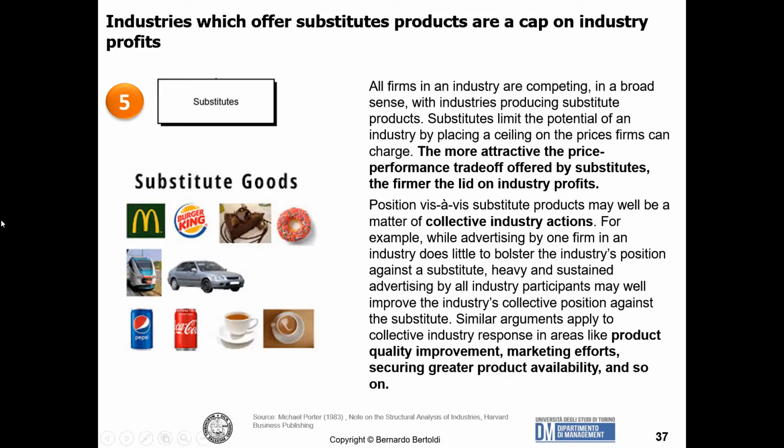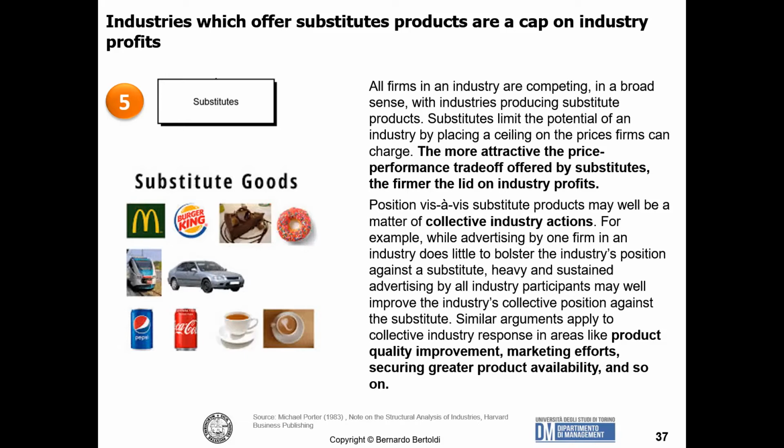So if you look at McDonald's and Burger King, they are in the fast food industry, and they compete one against the other. But on the other side, they also compete against other industries. Eating at home, for example. Therefore, they can also act in a collective way, taking overall action in terms of improving quality, improving marketing, and acting against other competitors.